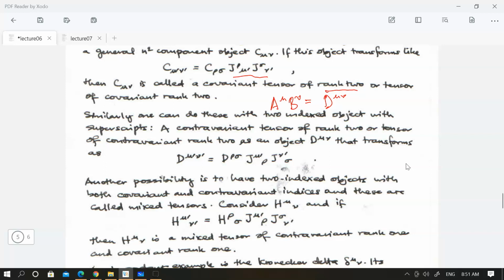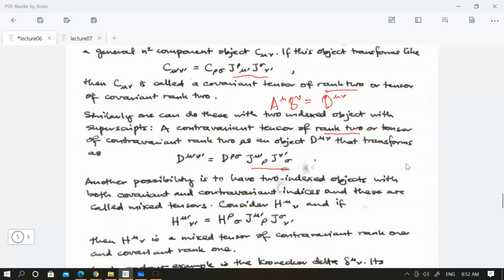A general object with two indices at the top is called a contravariant tensor of rank 2, or a tensor of contravariant rank 2. How does it behave under change of coordinates? Again, one can go back to the problem like before, see how each individual object changes, and then you have a product of two Jacobian matrices.